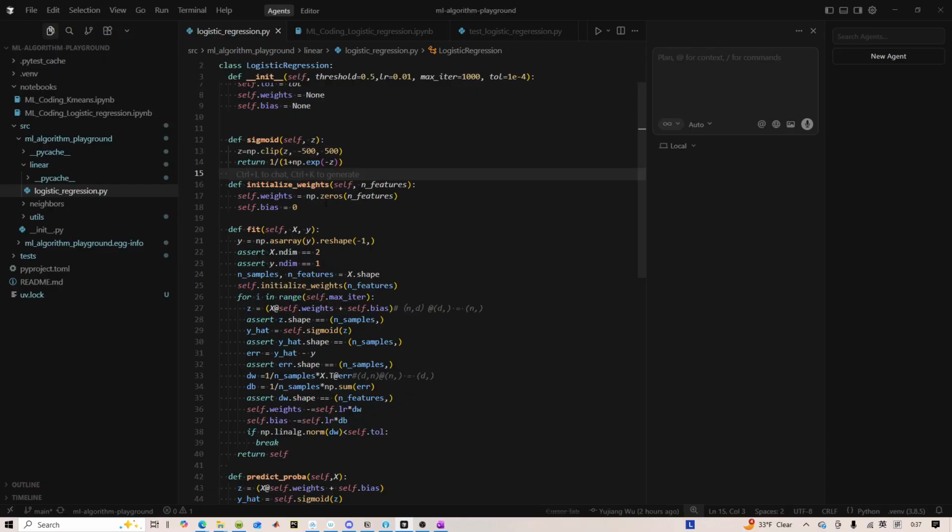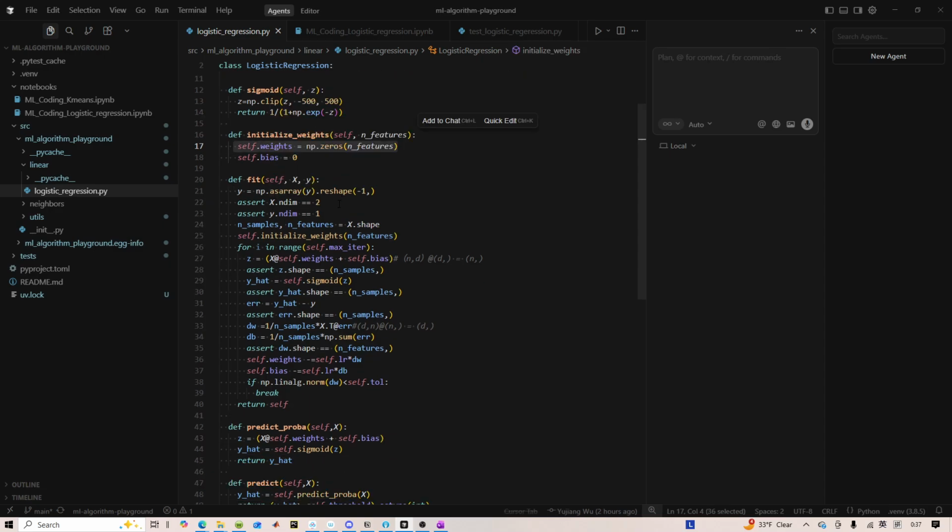And then for initialization, we use np.zeros to initialize the weights. For the fitting, we make sure the shape is N by 1, and then we assert the y dimension to be 1 and x dimension to be 2.